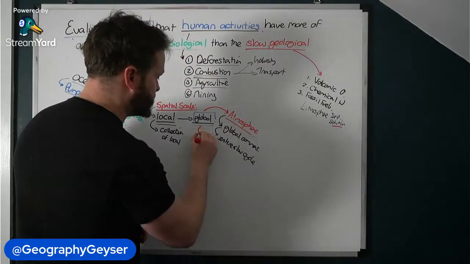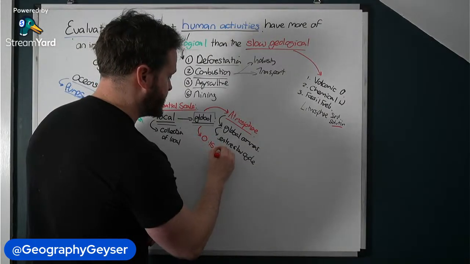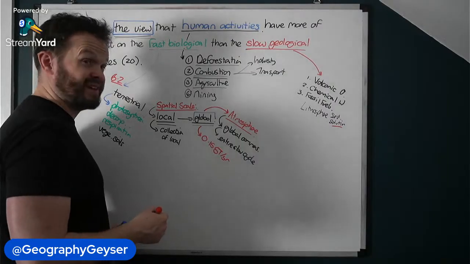So your natural background levels of global carbon dioxide release are 0.15 gigatons of carbon per year.